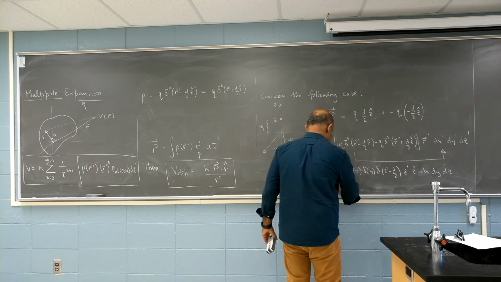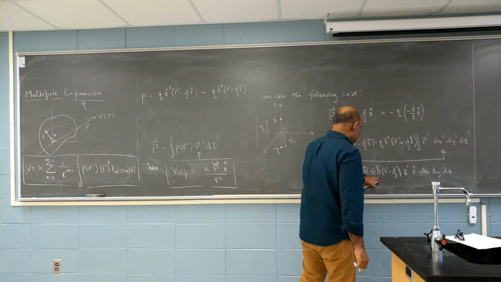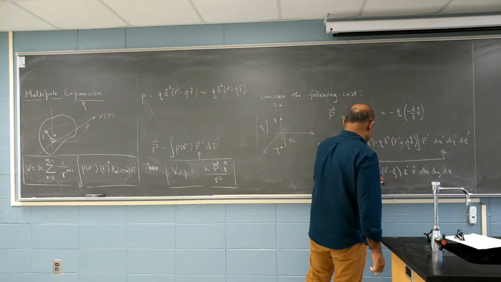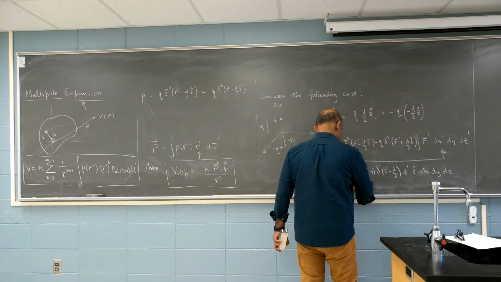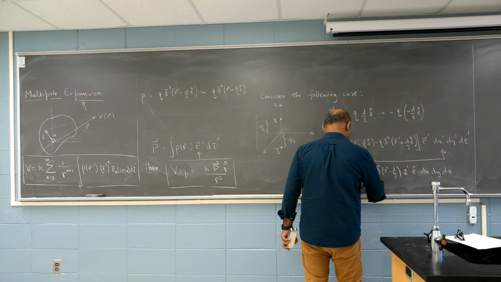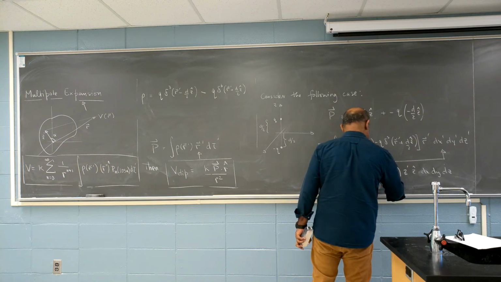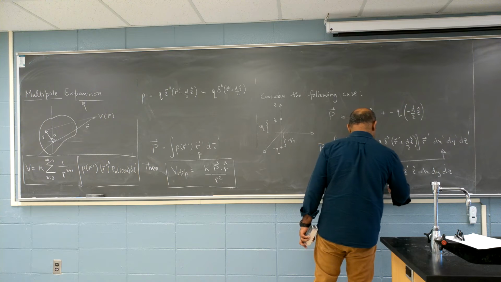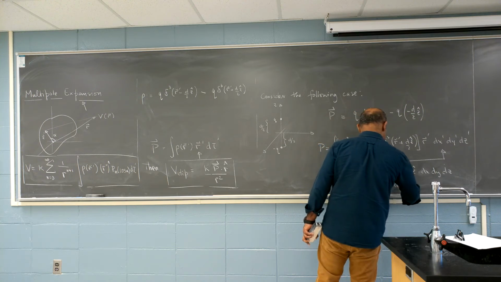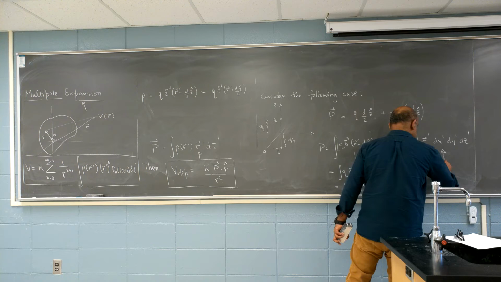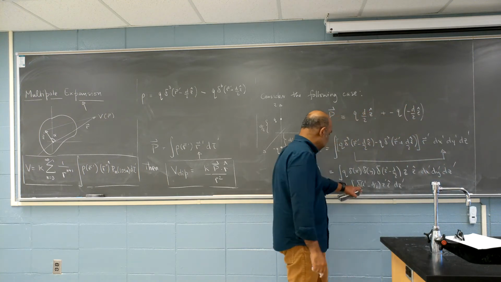And then I get Q. What happens to this integral? So I have delta of z prime minus d over 2, z prime z hat, dz prime. What does that mean?